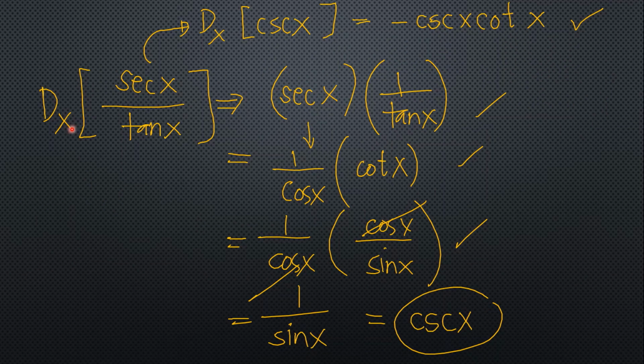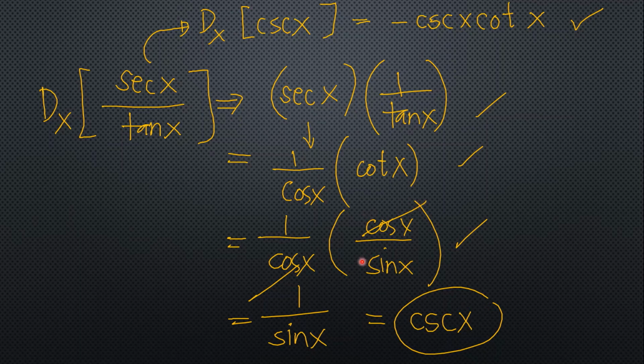Or you can actually differentiate secant x over tangent x by knowing the identical expression for this, or another form. Notice that secant x is also 1 over cosine x, and 1 over tangent x is cotangent x. So we have 1 over cosine x. Replace cotangent x with its ratio identity cosine x over sine x.